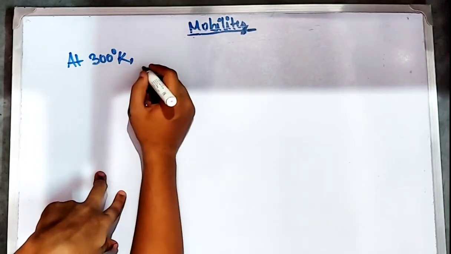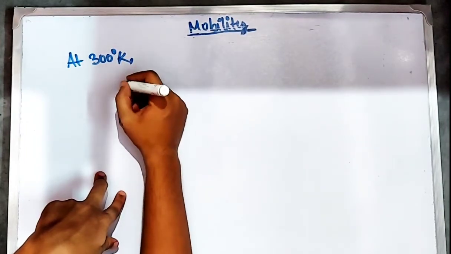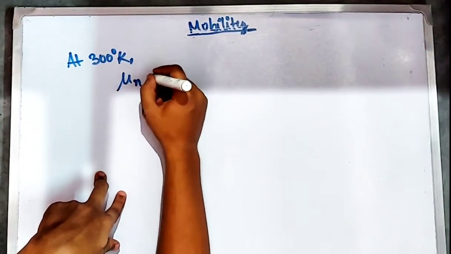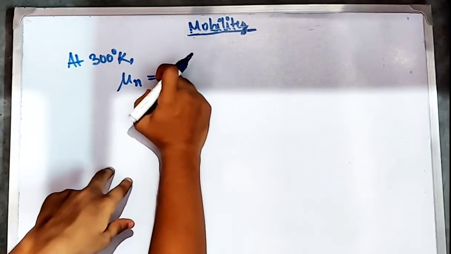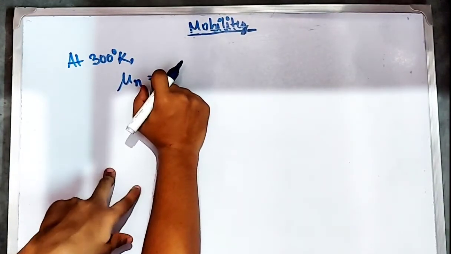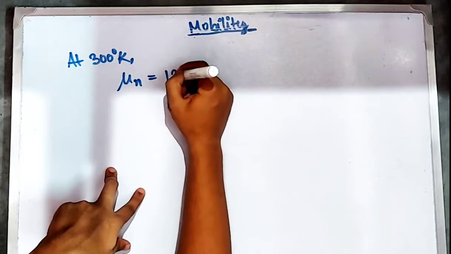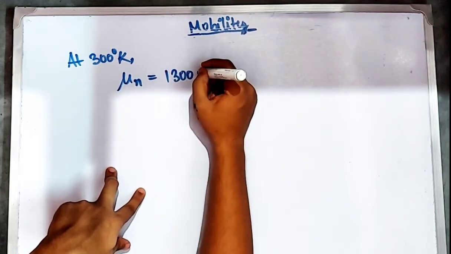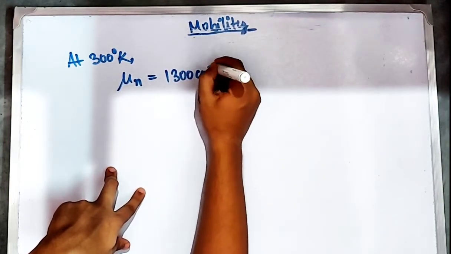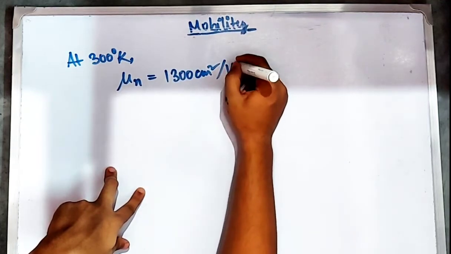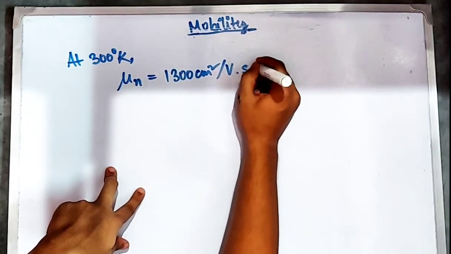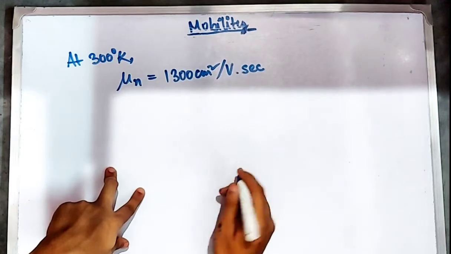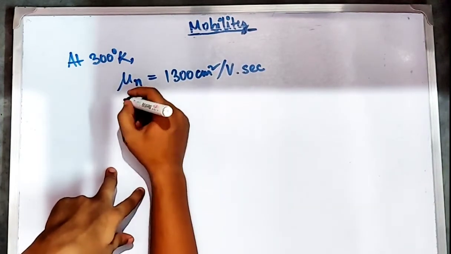At 300 Kelvin temperature, mu n, that means the mobility of electrons, is 1300 cm squared divided by volt second.